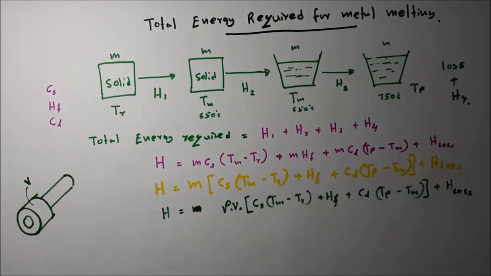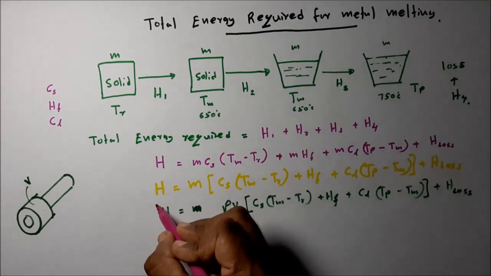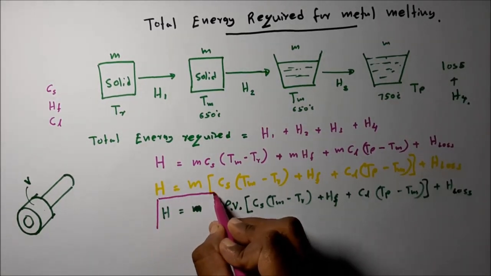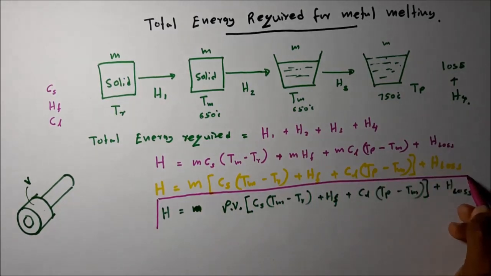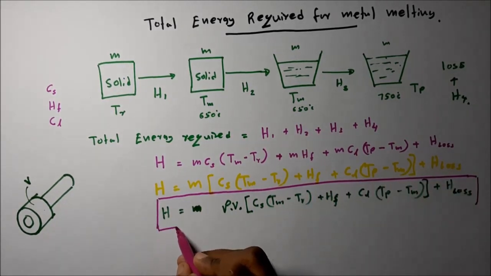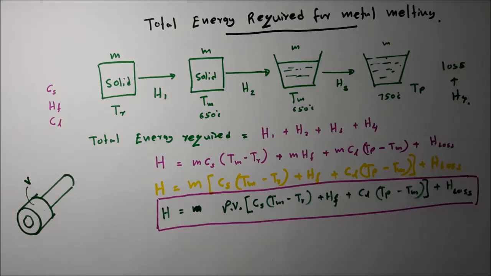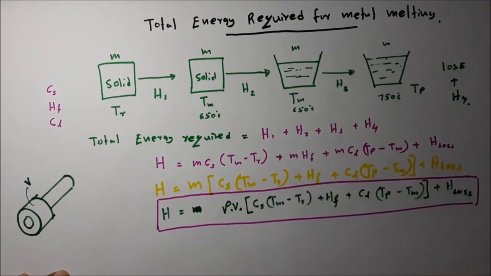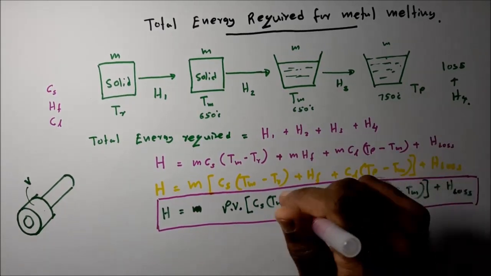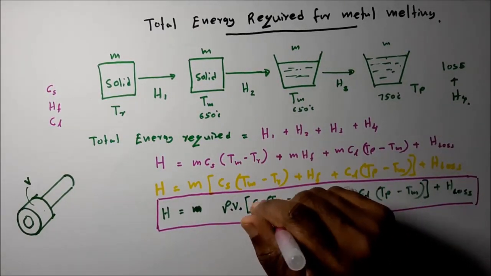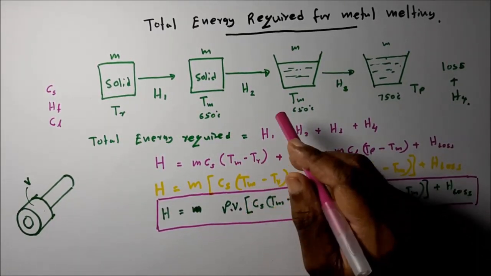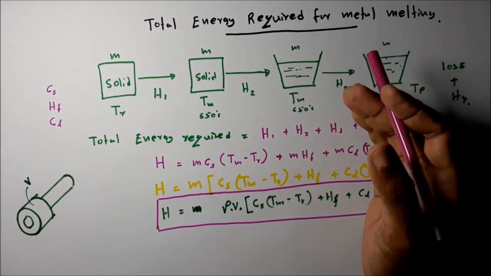Joules. This is the final equation we can use to estimate the total heat energy required to produce a certain casting. If you know this calculation, we can estimate the total coal required for a certain cupola operation.